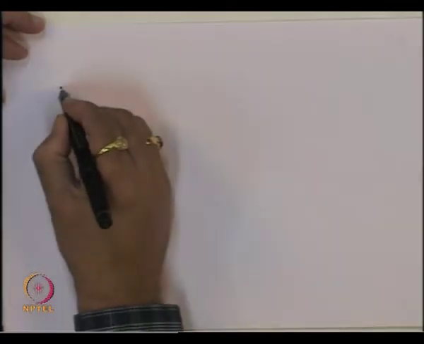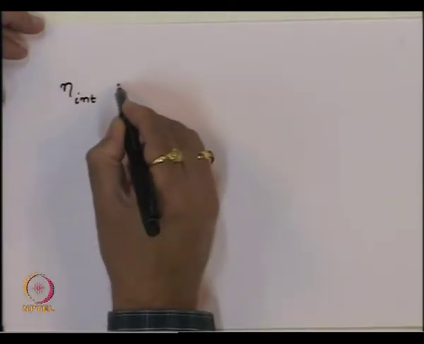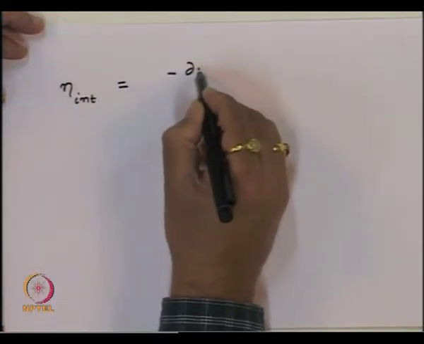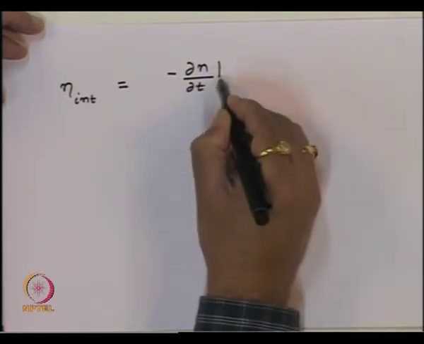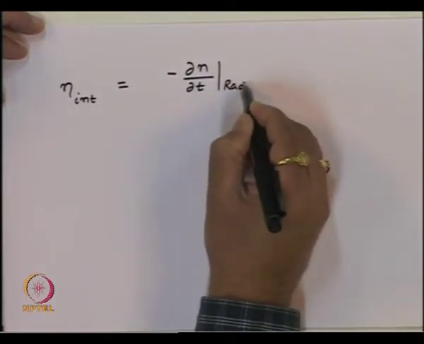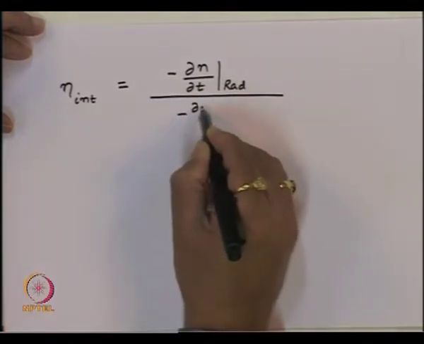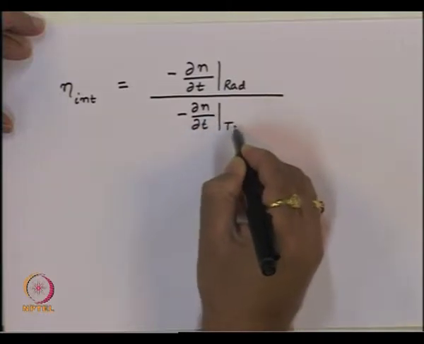So, from here we get the internal quantum efficiency, which is equal to minus dN by dt radiative divided by minus dN by dt total.